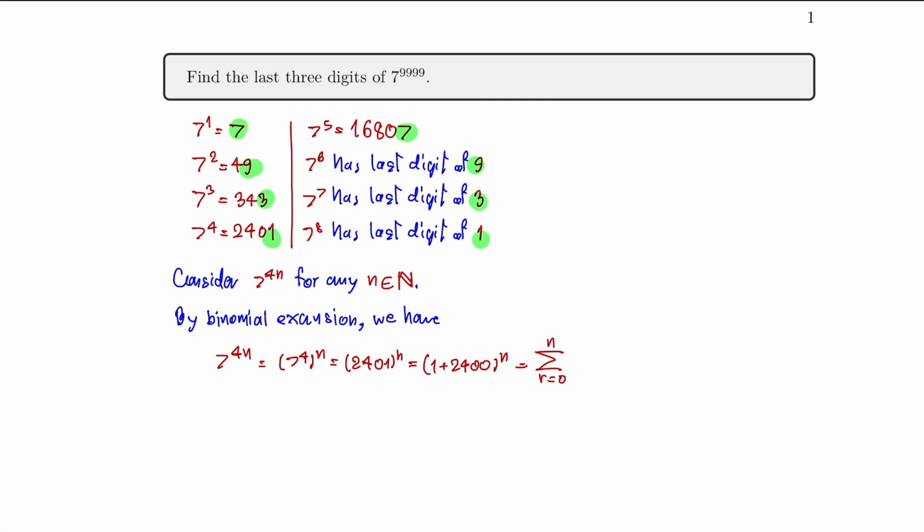The binomial expansion is the sum for r from 0 to n of n choose r, 1 to the power of n minus r, times 2400 to the power of r.